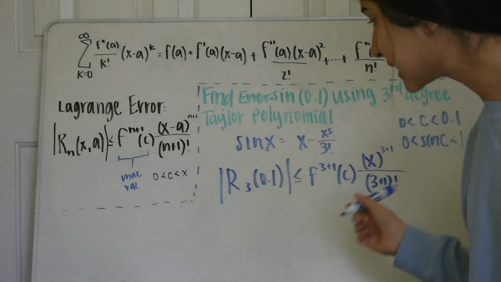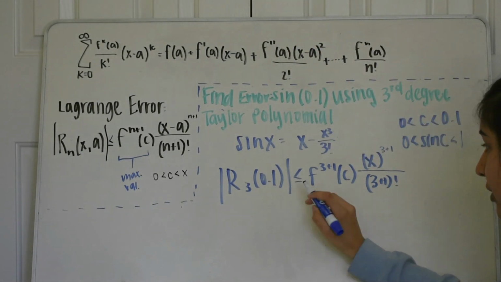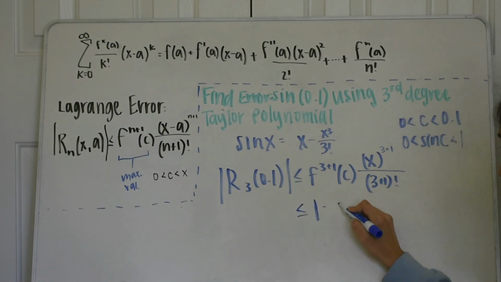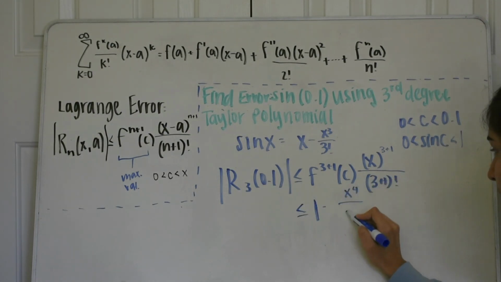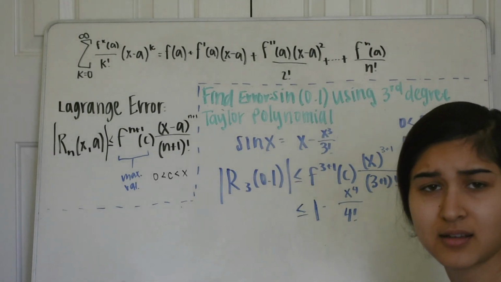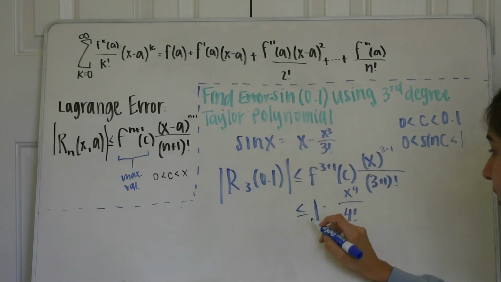So now let's plug this into this Lagrange error formula. 1 times x to the 4 over 4 factorial. But wait! We know what x is. x is 0.1.